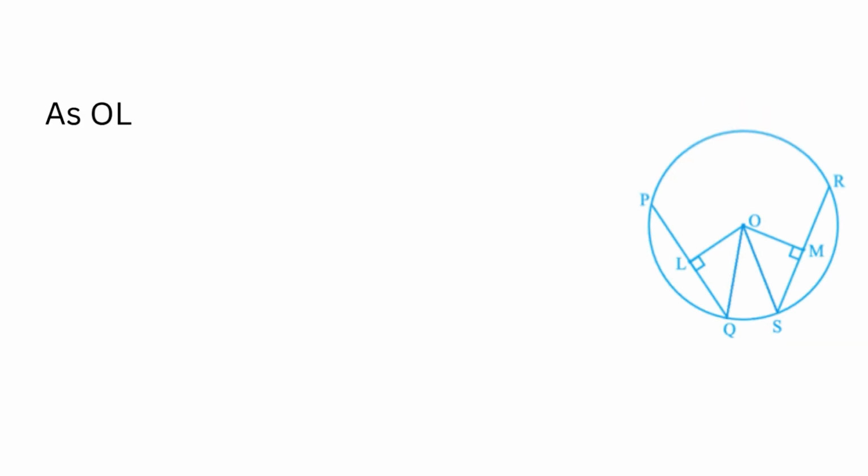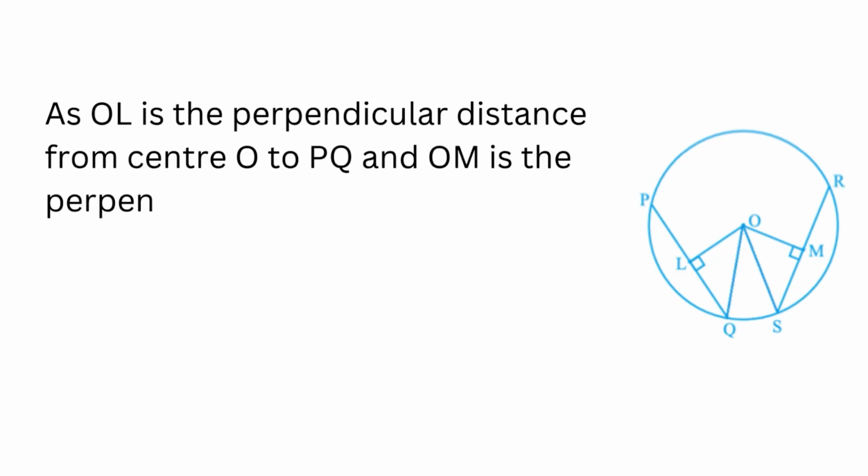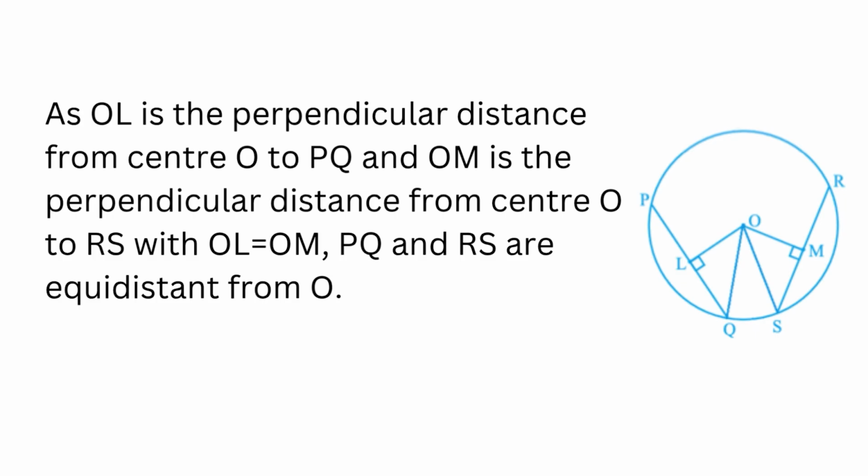Next, as OL is the perpendicular distance from center O to PQ and OM is the perpendicular distance from center O to RS, with OL equal to OM, what does it imply? PQ and RS are equidistant from the center O. I hope the theorem is clear to you.